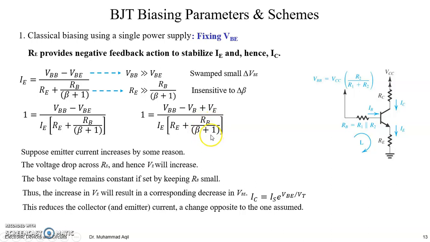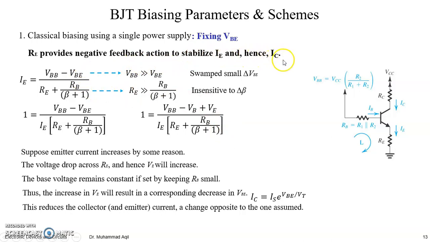But this one we already took very small, to make this constraint possible, so it will not make much difference. But the thing is, we are having an increased IE RE, and what is IE RE? It is VE. So VE is increasing, the same VE is here. So if this is increasing, in the same way this is increasing, so the ratio would be the same, as long as this factor is small, meaning the base voltage is small. We have discussed this already, right? So RE provides a negative feedback action to stabilize IE and hence IC.